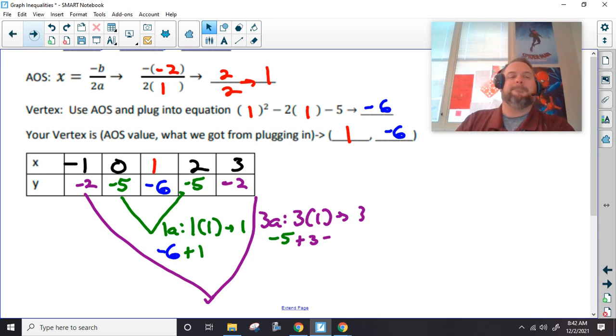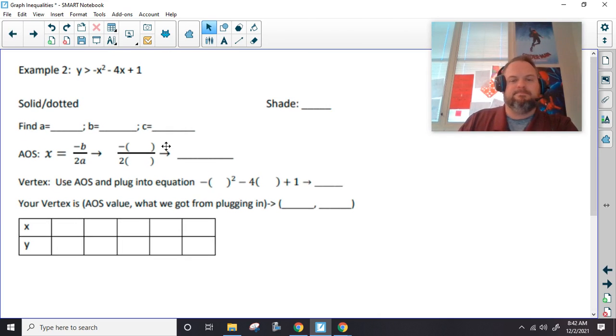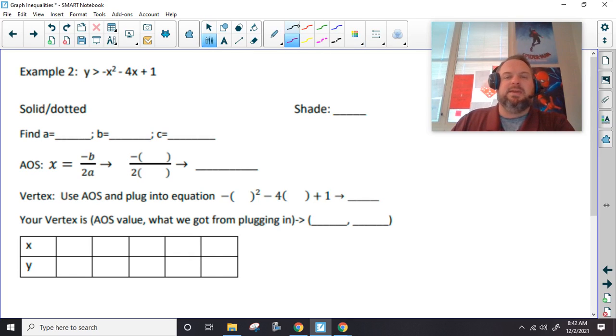All right. So let's look at example 2. First off, is this solid or dotted? Dotted. Okay. Which way are we going to shade?